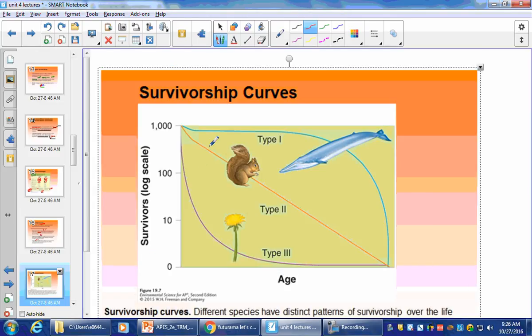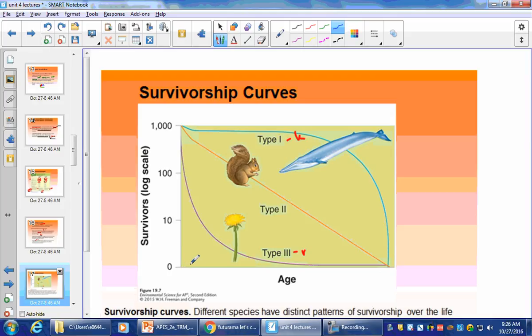So let's take a look at this. Whereas the type 3, which we said was R-select, type 1 was K-select. So you remember the growth curve of the K-selected was like this. Let's use the blue. I'm going to do the growth curve. The growth curve was like that, very slow. Look at it now. The survivorship is very, very slow to decline. So it's basically the flipped version of it.